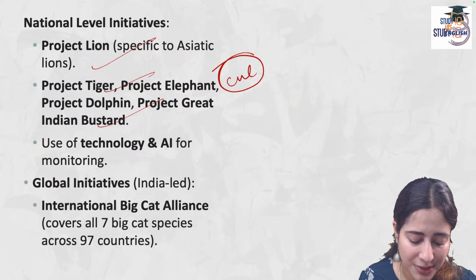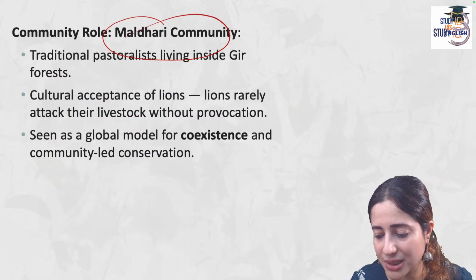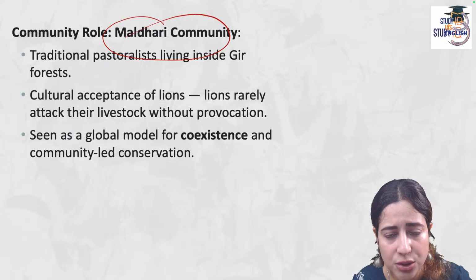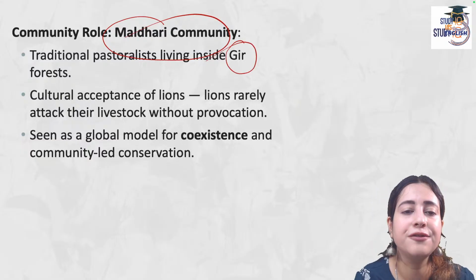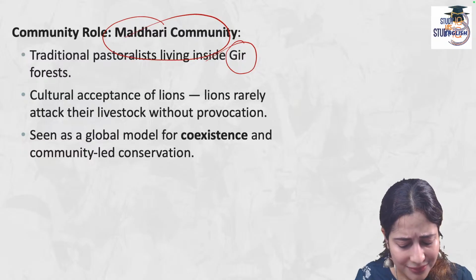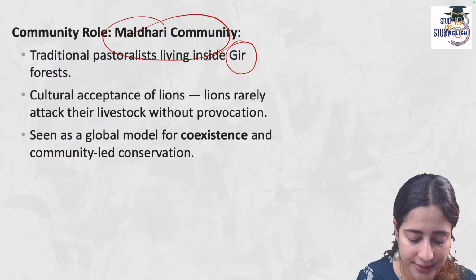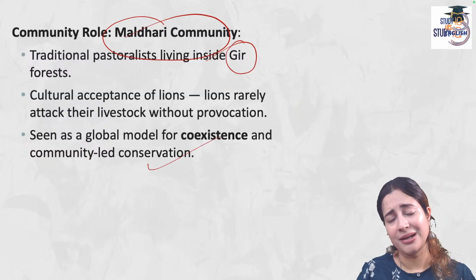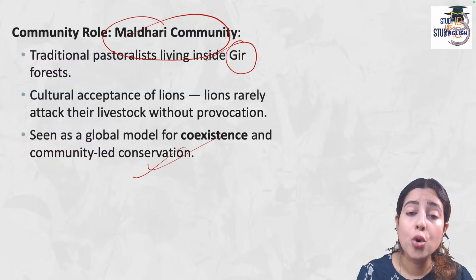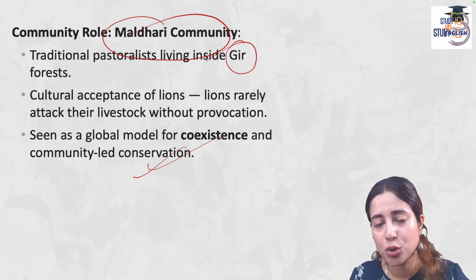Similarly, the article has mentioned another community called the Maldhari community. The Maldhari are traditional farmers and pastoralists living in the Gir wildlife region, and they have tried to protect lions. Lions for them are an important religious and cultural symbol, and therefore they today represent an excellent model of people coexisting with nature and community-led participation in nature protection.